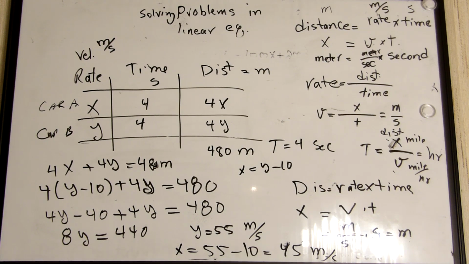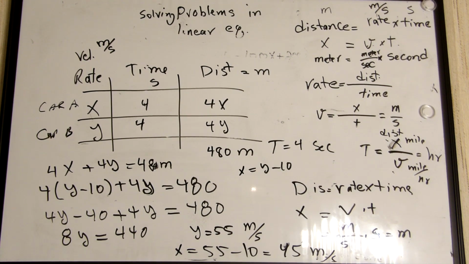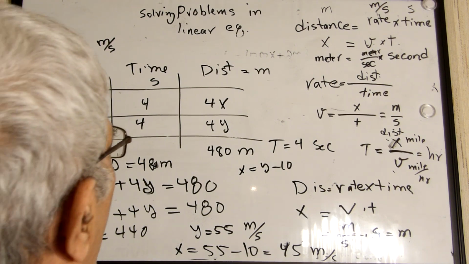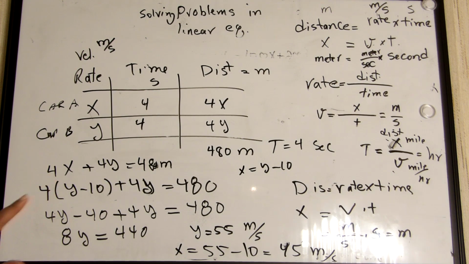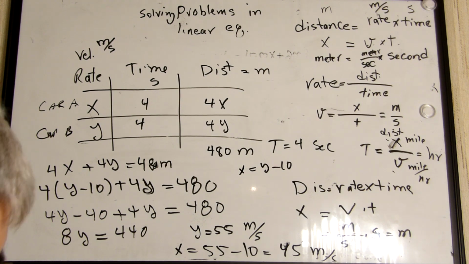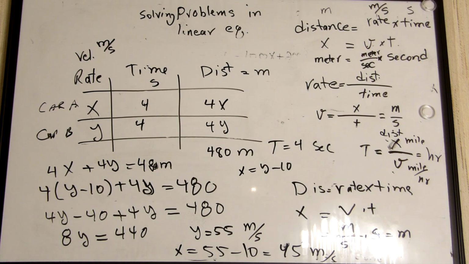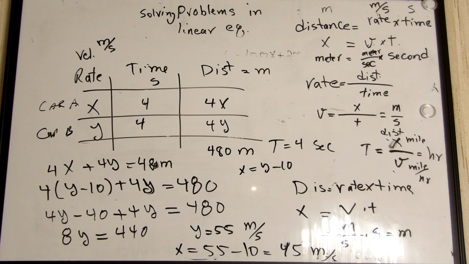So these are the problems that you see in word problems using distance, velocity, and time, to show you that all these are linear equations, and we can find some of the unknowns through this subject.